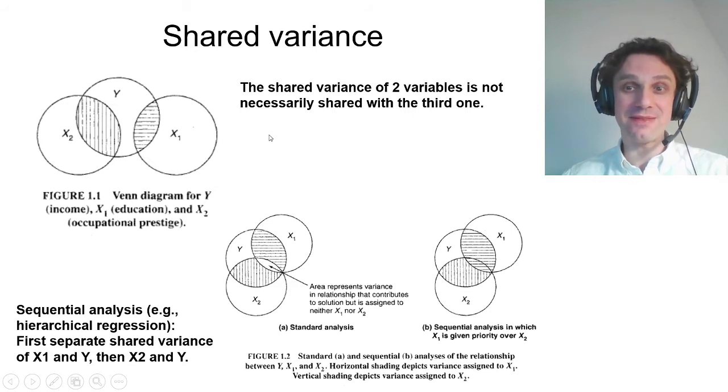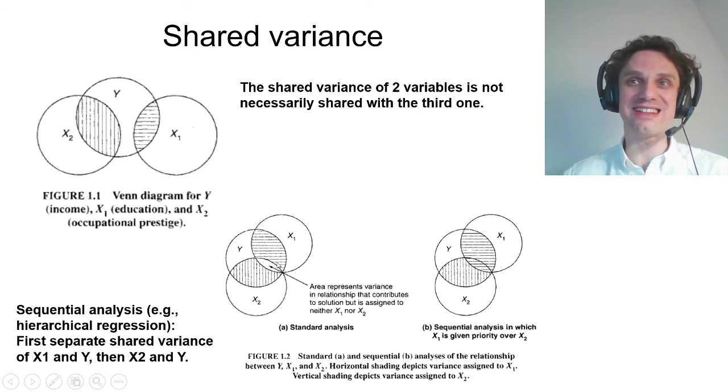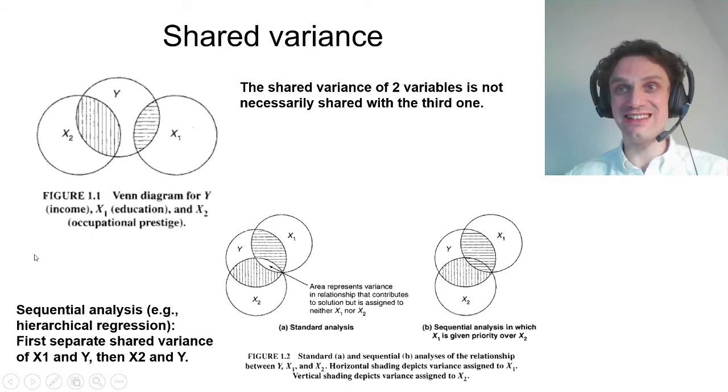Because the variance that two predictors share with a criterion dependent variable, they may share with each other to a different extent. And when we are trying to separate this variance, we are trying to exclude this common portion. And we will see very soon how it happens.